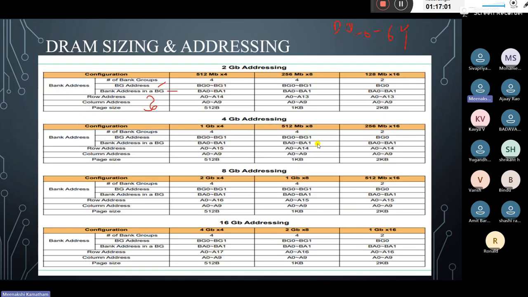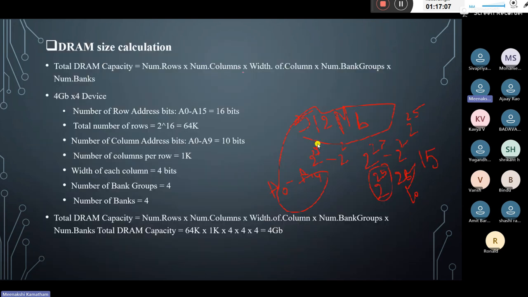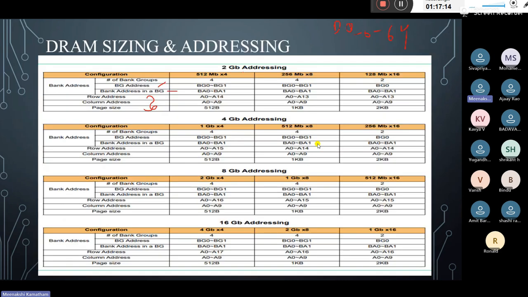The same applies to 256 MB x8 configuration, 2 GB addressing. These address calculations vary from one GB to another and one configuration to another. Mainly the row address only varies, and the rest are the same.